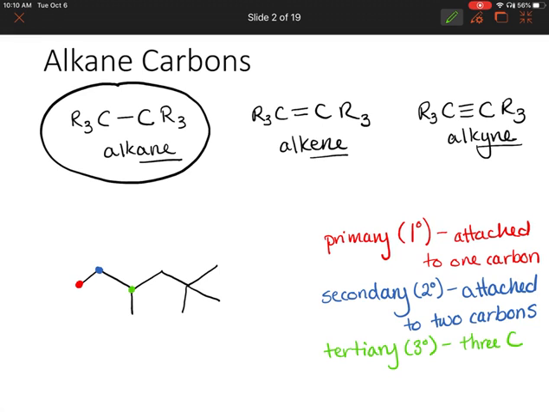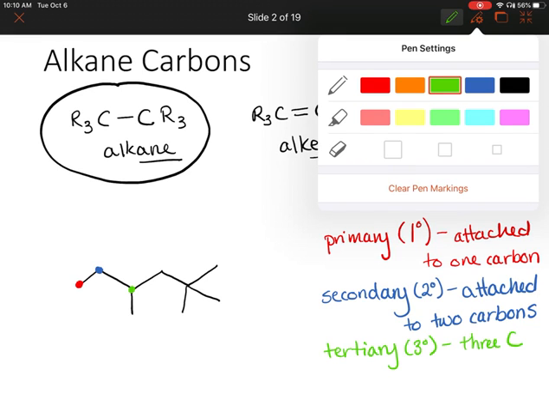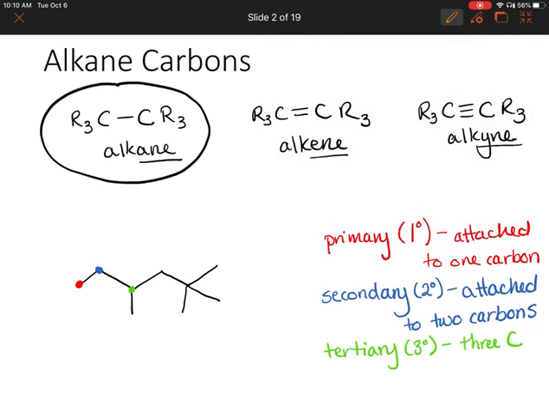And then what about, let's see, what color can I use? I'll use orange for the last one. What about this carbon? So that carbon is bonded to 4 other carbons, excuse me. So we would call that a quaternary carbon, and we use a 4 with a degree symbol. So that carbon is bonded to 4 other carbons.